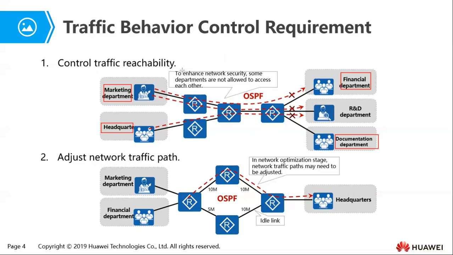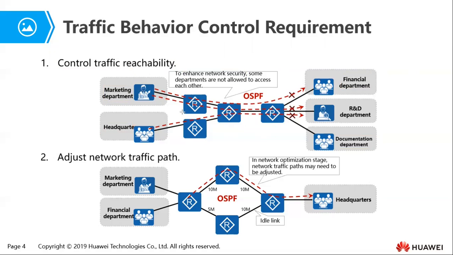So this, most of the time, is done in order to enhance network security. That particular traffic behavior control requirement is what we're calling controlling traffic reachability. So what can be accessed and what cannot be accessed and by whom? We are going to see clearly how that is done.